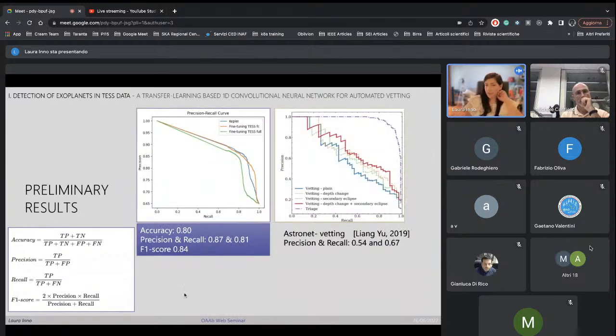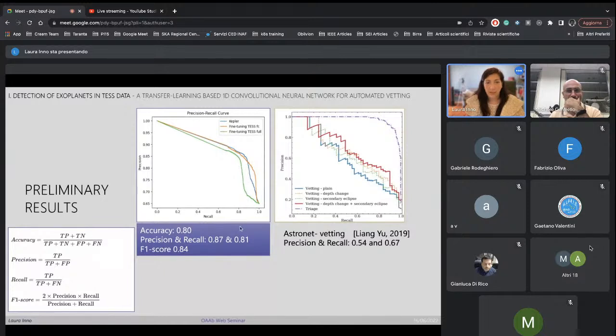If we compare this with the best available CNN doing exactly the same job, the vetting of the exoplanets, when we started, we get a much better performance. So this is the precision recall curve.